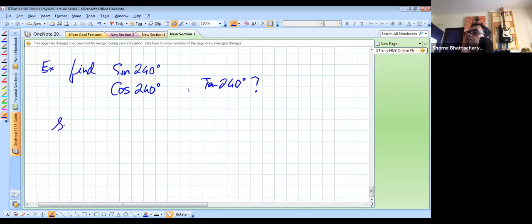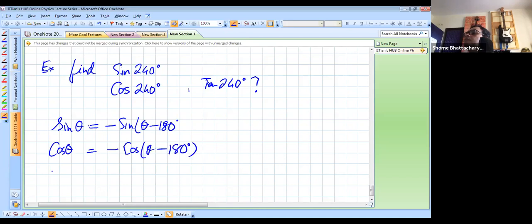Which formula will we use? Sine theta is minus of sine of theta minus 180 degrees, cos theta is minus of cos of theta minus 180, and tan theta is positive of tan of theta minus 180.